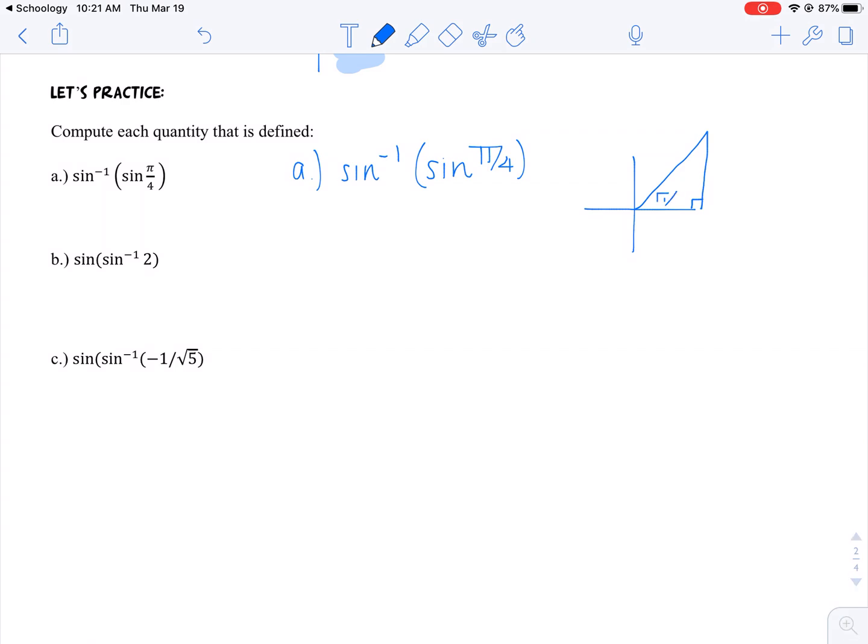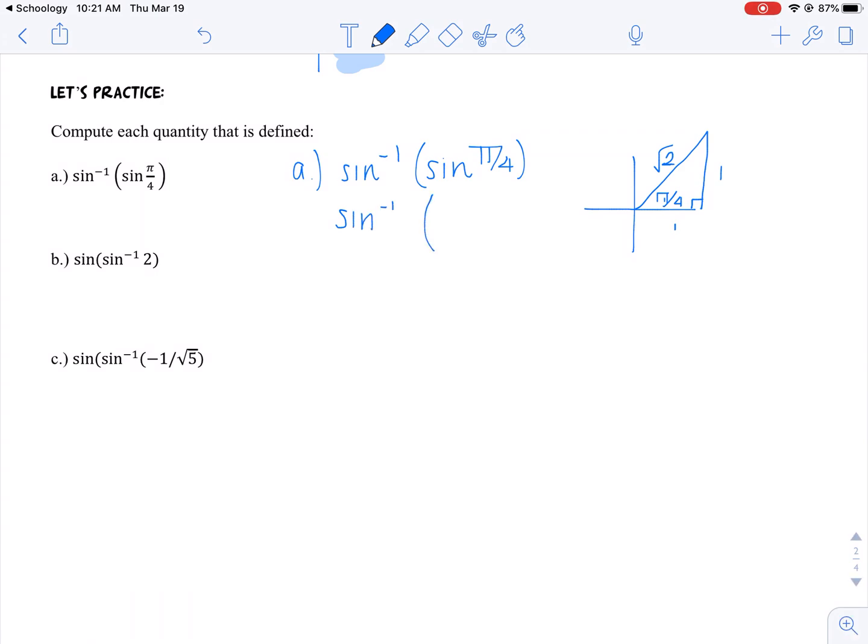This is pi over 4. Well, that is 1, 1, root 2. Okay, so the sine of pi fourths, I'm just going to fill in little by little.